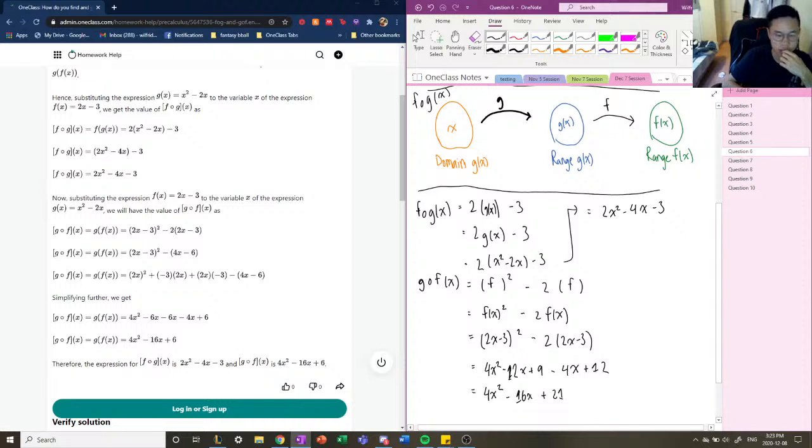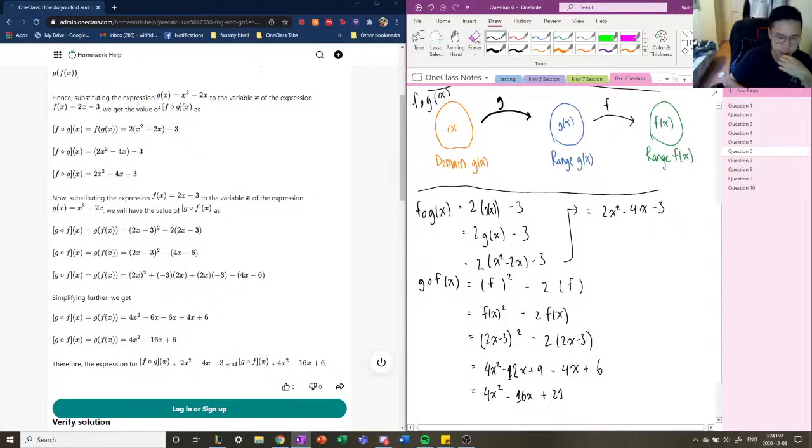Did I add anything else wrong here? So 2x squared, negative 12x plus 3. Why did I write that? Okay, sorry guys, I'm making a lot of silly mistakes today.